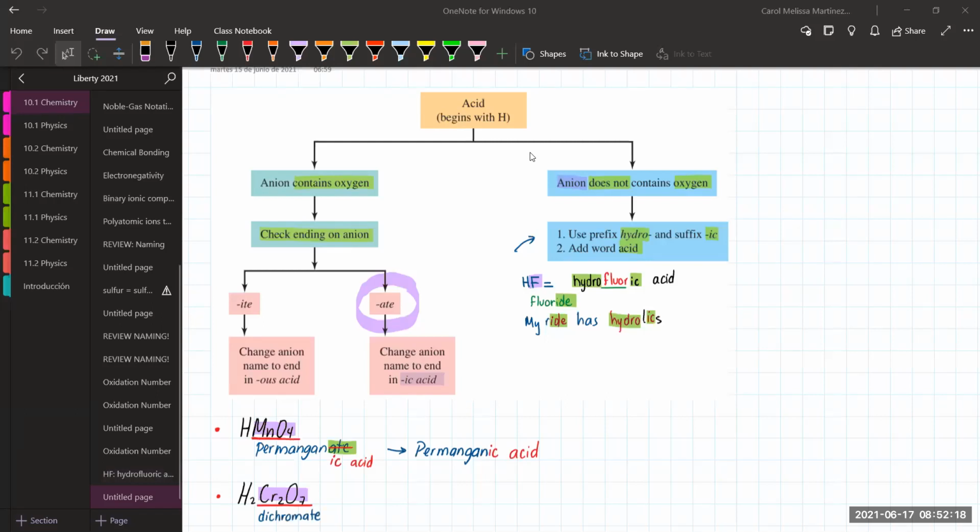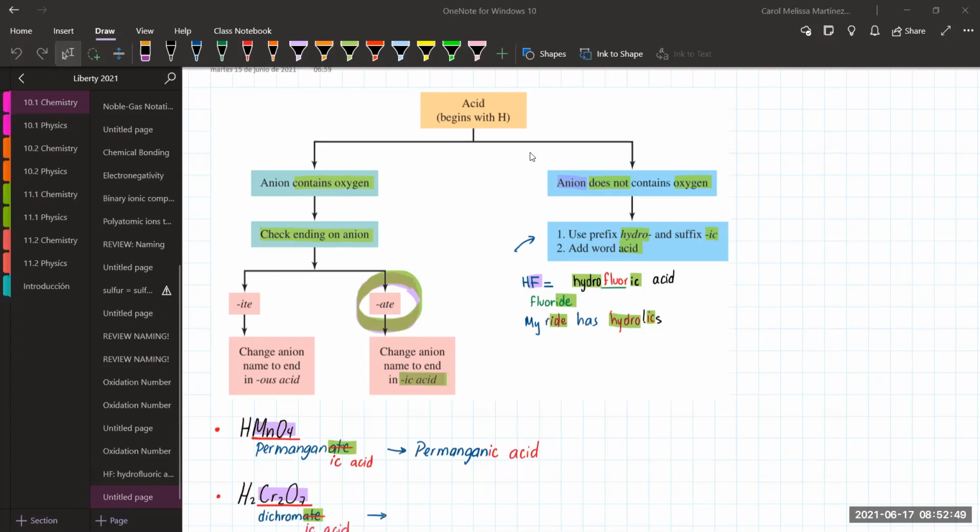So we see just the ending. You recognize the ending as ATE. So again, we need to follow this process right here, the one that says ATE. And we're going to replace the suffix, or the end, by ic acid. So the name of this one, instead of ATE, is ic acid.